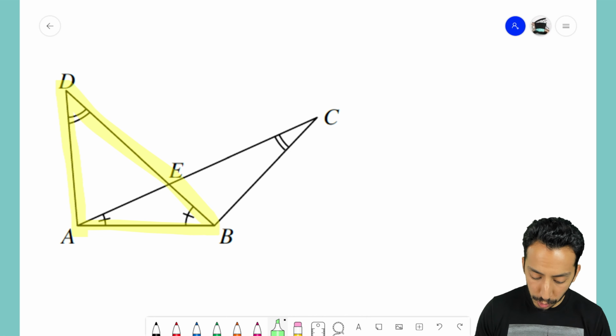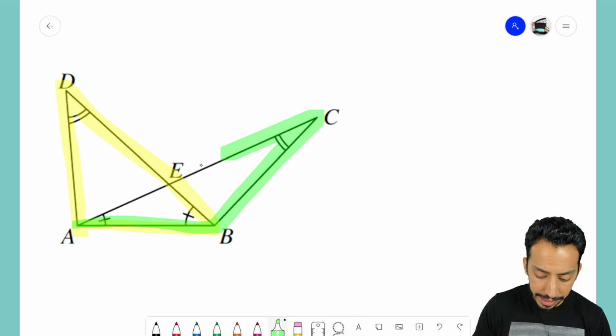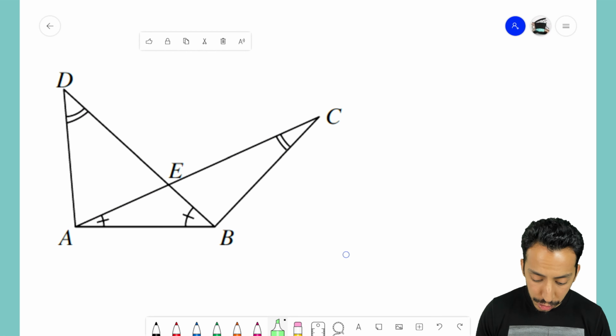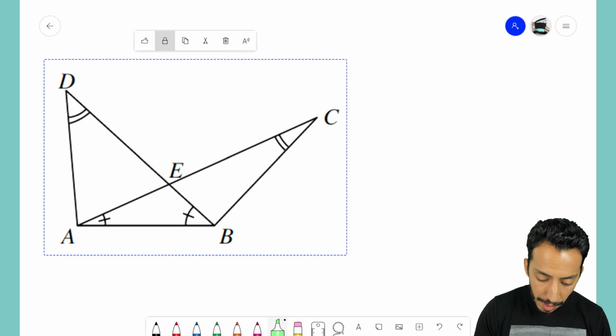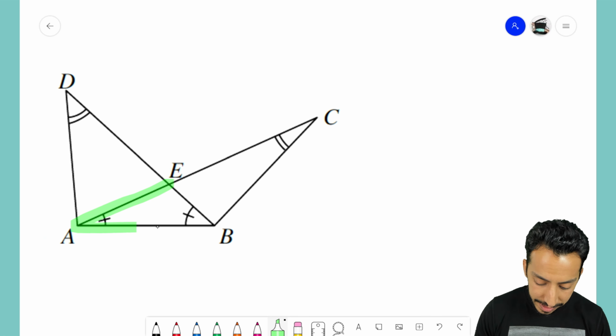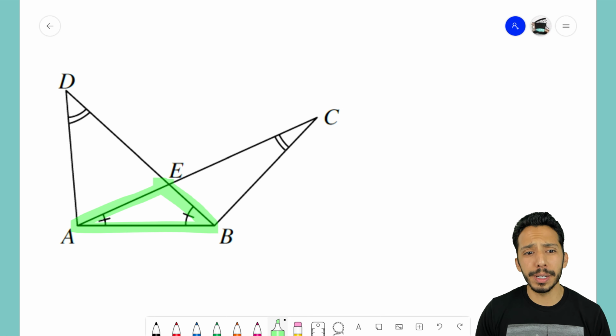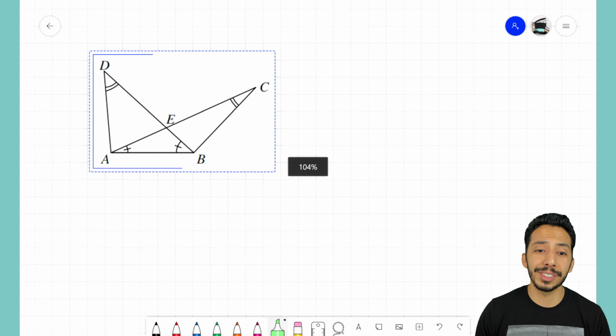The second triangle we're looking at is ABC. So we have that green and that yellow triangle. Notice we're not interested in this little triangle here in the center. That's not one that we're worried about. We're worried about the bigger, larger triangles.